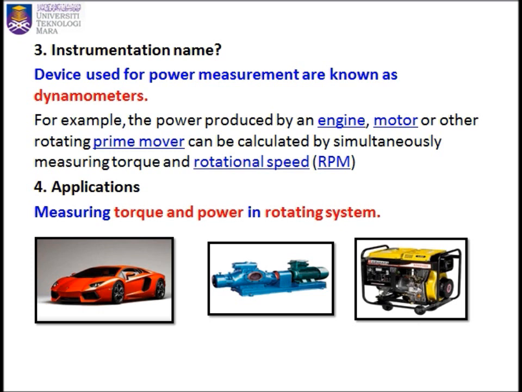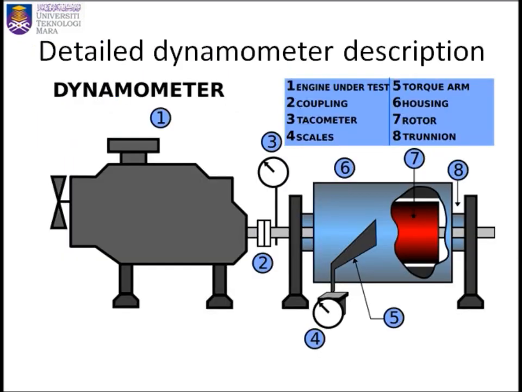So we move to applications. There are examples of rotating systems where we need to measure the torque and power: car, generator, and pump. Next, we move to detailed dynamometer descriptions.